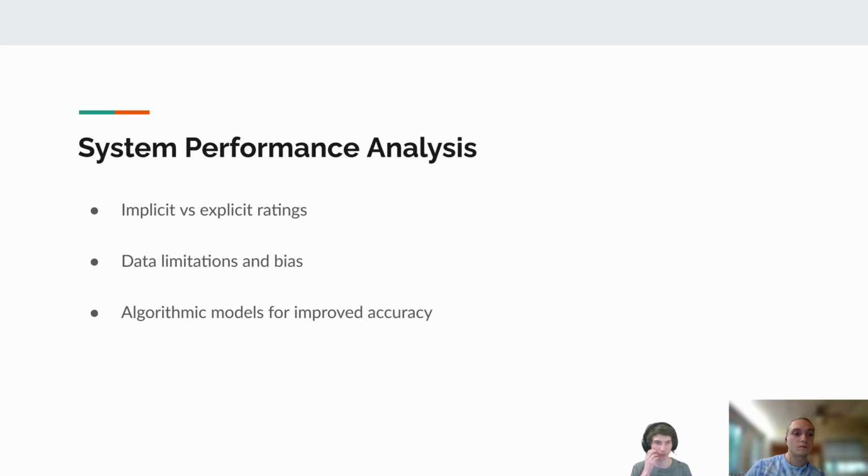So for our system performance, we use implicit ratings because we didn't have explicit ratings, and explicit ratings would just be a user actually saying if they liked a game or did not like a game. We didn't have that data, so instead we calculated it as the playtime divided by the How Long to Beat time, and then we capped that at 2.